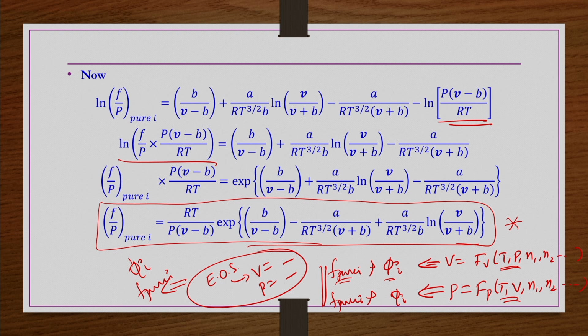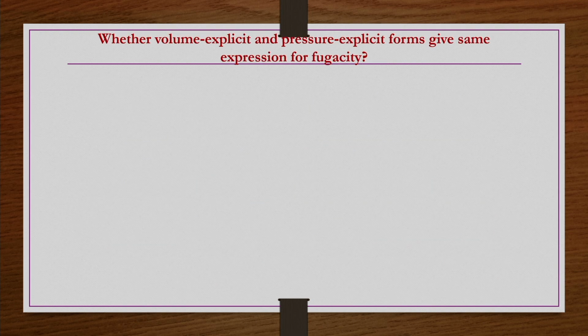Indeed, they have to provide the same expression, only then are these derivations correct. The generalized expressions that we have derived for the fugacity coefficient of component i or the fugacity of pure component i can be correct or reliable only when you take one equation of state, write it in volume explicit form and pressure explicit form, derive the corresponding fugacity coefficients and cross check. If you get the same thing, then they are correct, otherwise you might have made some mistakes. That is what you would be realizing. Okay. That we cross check now. Whether volume explicit and pressure explicit forms give the same expression for fugacity or not, that is what we check.